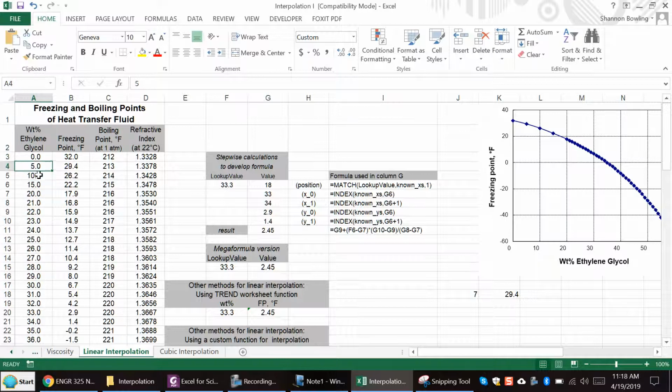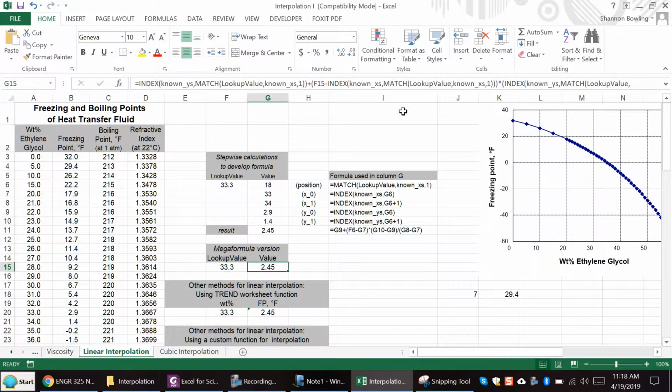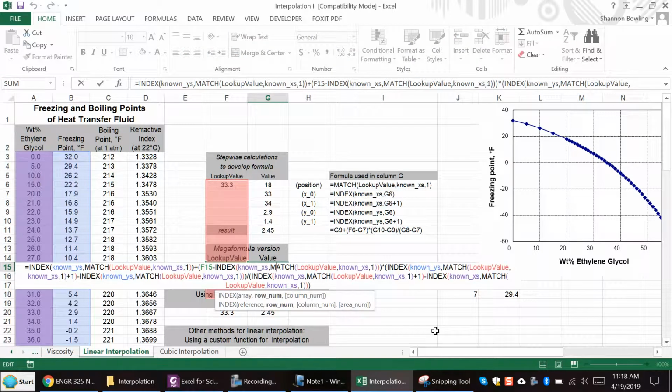So then I would have these two x's, and then these two y's, and then I would plug into that formula, and then I would put 7 into it. So you see how you could create a formula. And he actually does something like this. He creates what he calls the mega formula, which is up here. Okay, so that's how you would actually do linear interpolation.